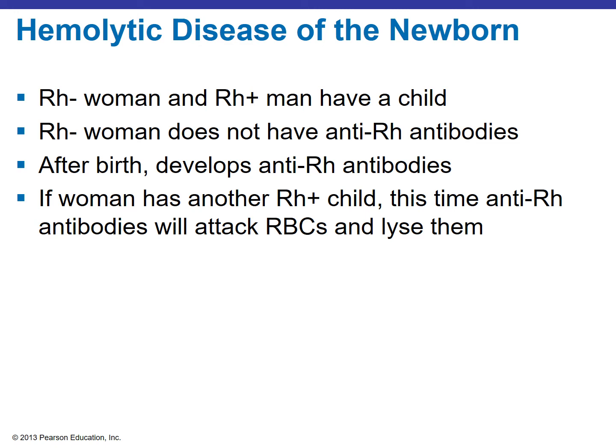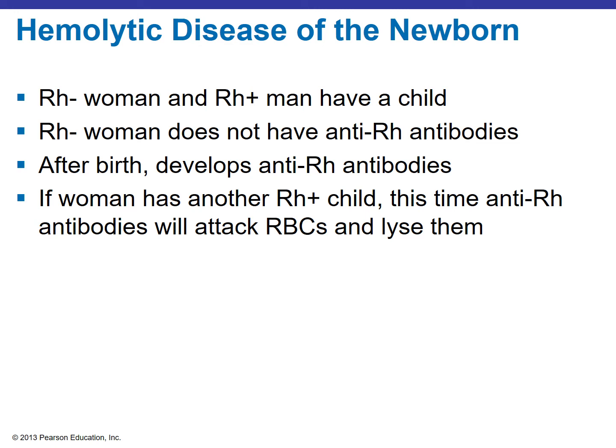So in this example, if an Rh minus woman and an Rh plus man have a child, the Rh minus woman would now be exposed.